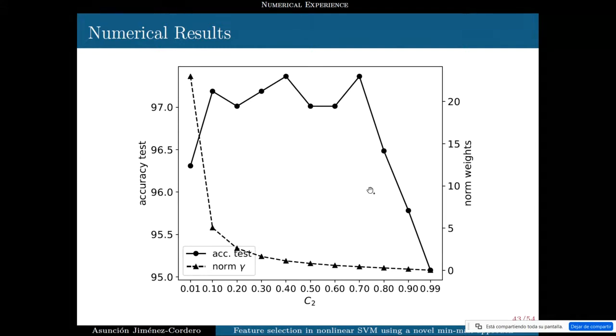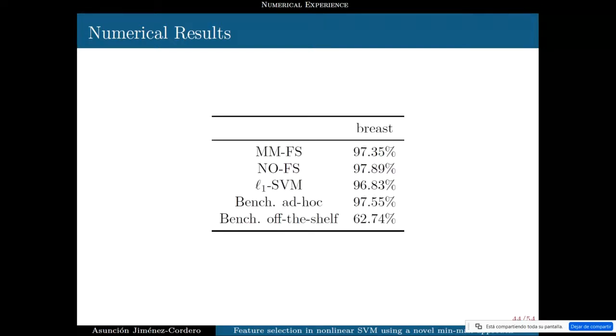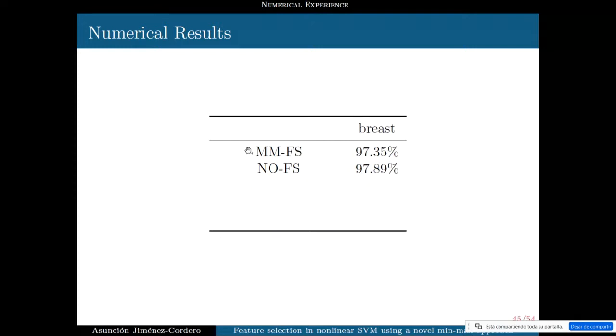In this case, we have chosen C2 equal to 0.4, and we have compared our methodology with different strategies in the literature. So this MMFS, min-max feature selection, corresponds to our method, compared at first sight with the no feature selection method, which means that we forget the feature selection and we just want to classify.